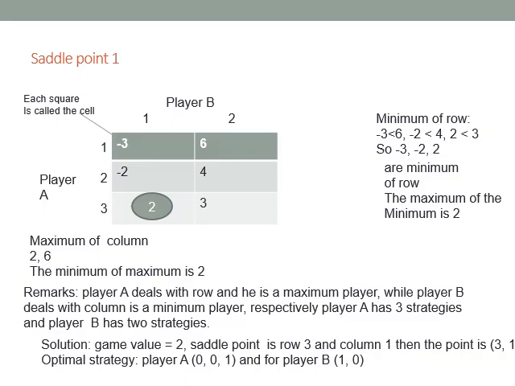So for row 1, he has no strategy, then we write 0. In row 2, he has no strategy, then we also write 0. In the third row, he has a strategy, then we write 1. 1 means he has a strategy.